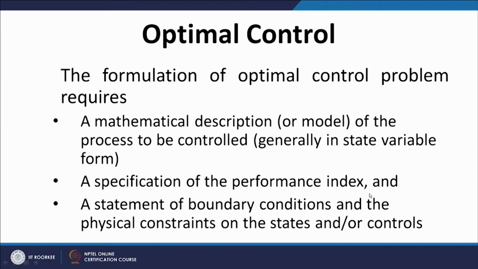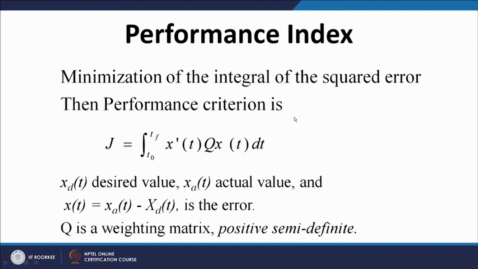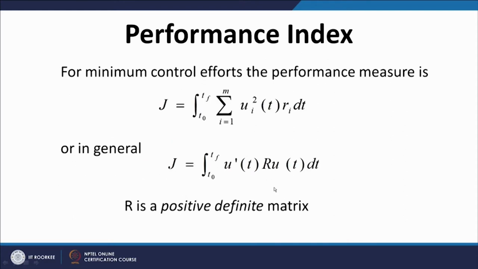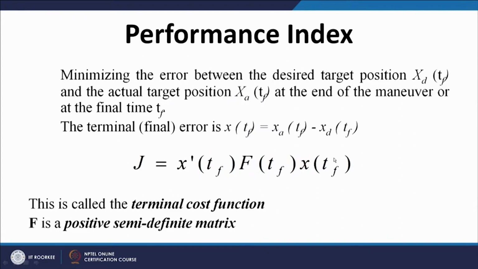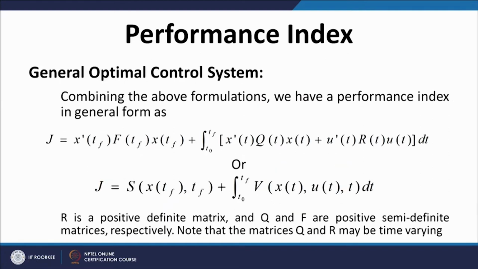of the performance index, and we have seen that the performance index can be taken as the minimization of the integral of the square error, the minimization of my control efforts, the minimization of the terminal cost, and the overall minimization of the terminal cost plus integral square error plus control effort.